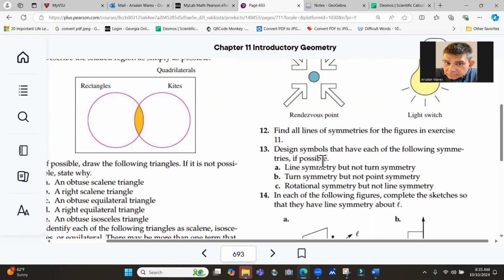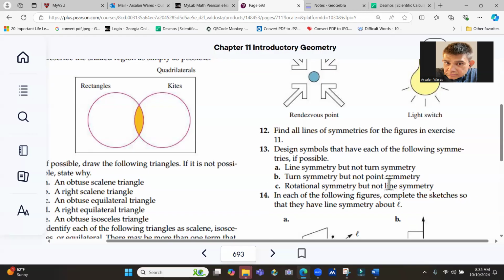Number 13, design symbols that have each of the following symmetries, if possible. Line symmetry, but not turn symmetry. Okay, so I would say the letter A. I know I'm being a little lazy, but you can design anything that looks like A that will have line symmetry, but not point symmetry.